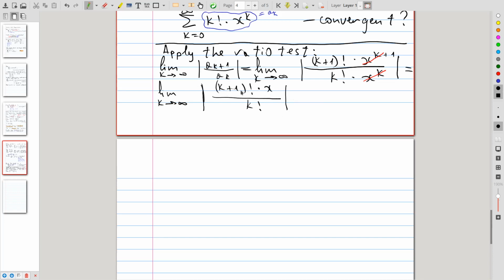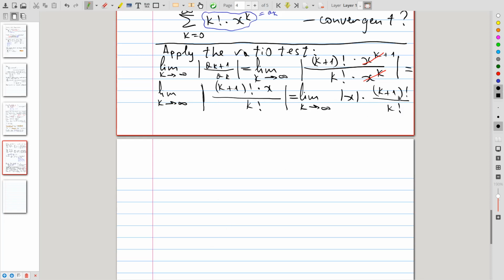Neither k plus 1 nor k factorial can be negative. So I don't need to apply absolute value to these two positive numbers. I can just as well write this simply as absolute value of x times (k plus 1) factorial over k factorial. This is the only factor that can be negative. Everything else is a positive expression, so these two limits are equal.